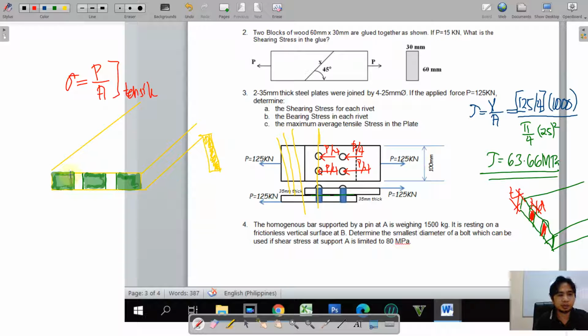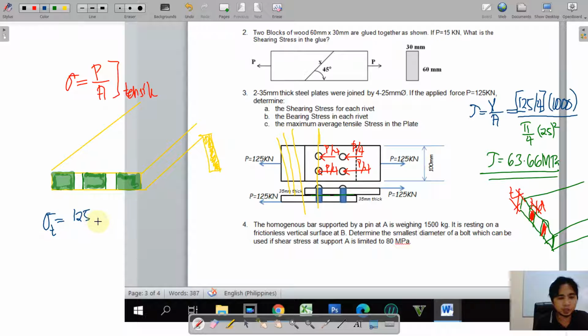So next we have to substitute now in this formula. Sigma is equal to P over A. Now sigma, or tensile stress, is equivalent to what is the force? 125 over 4 or 125? Of course, the force will be 125 because our force now is for the plate, not for the rivet. So we're going to adopt 125 here.